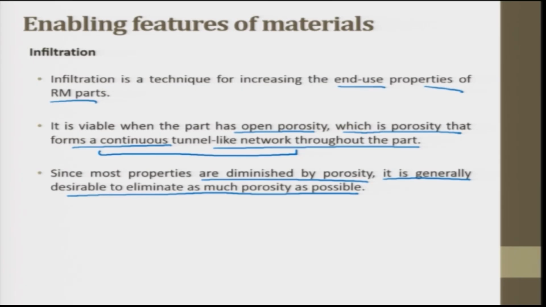Several rapid manufacturing techniques such as fused metal deposition can create the fully dense part that doesn't have porosity or has very negligible porosity. But generally in metal sintering, in ceramics, porosity is more prominent than glass and polymers and other materials that we will discuss.